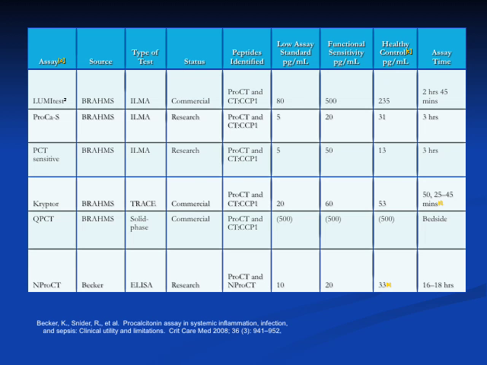Of note, the KRYPTOR from the Brahms company is what some people classify as the second generation, again with better sensitivities and specificities. One thing I could not delineate was whether the VIDAS that both the VA and Tampa General use detects procalcitonin exclusively or with precursors in conjunction.